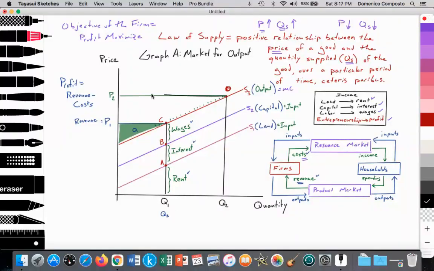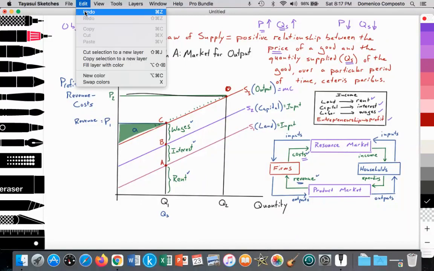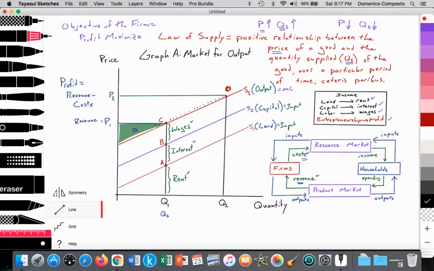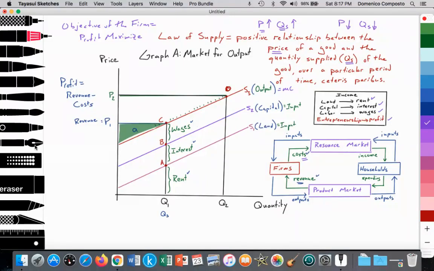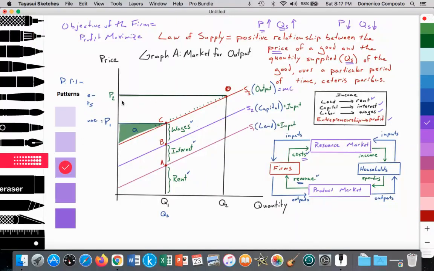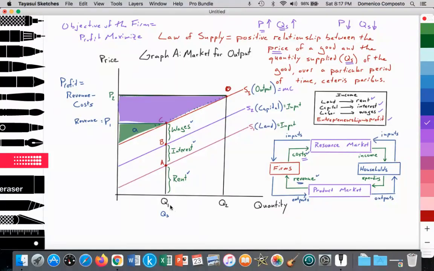Okay? So what happens to the firm's profits? They rise at a price of P2. Let's go ahead and fill in that area. Here, there's this additional area of profit to the firm for increasing their output from Q1 to Q2.